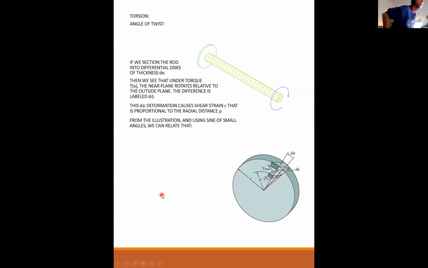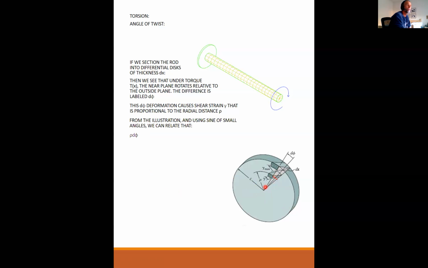Okay, so from the illustration and using sine of small angles that we talked about earlier, we can relate rho d theta, where rho is at some arbitrary distance, times d theta, which is this angle here on the face of the disk. Here's d theta, that triangle, and here's rho.